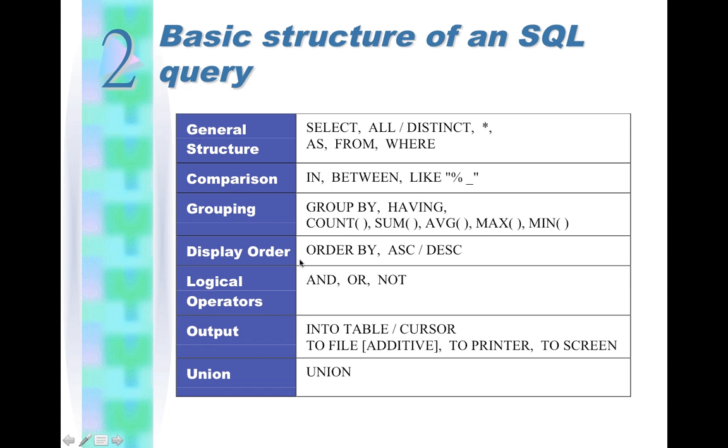Then display order: if you want to do order by, ascending or descending, you use this order by clause. And logical operations, and, or, not, like any other programming language.